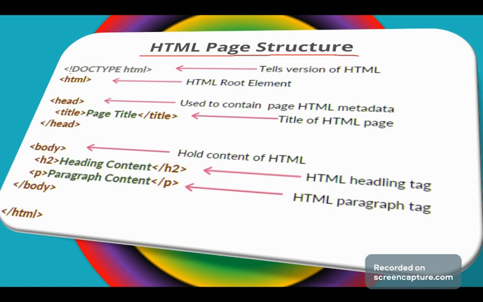So the first line will be exclamation mark DOCTYPE html, which is nothing but tells you the version of HTML. DOCTYPE we need to include for every HTML because it helps us to tell the document type, whether it is HTML, HTML5, or XML.